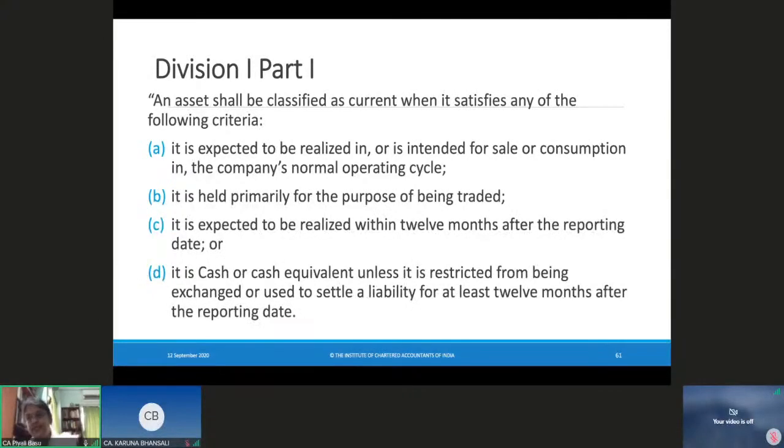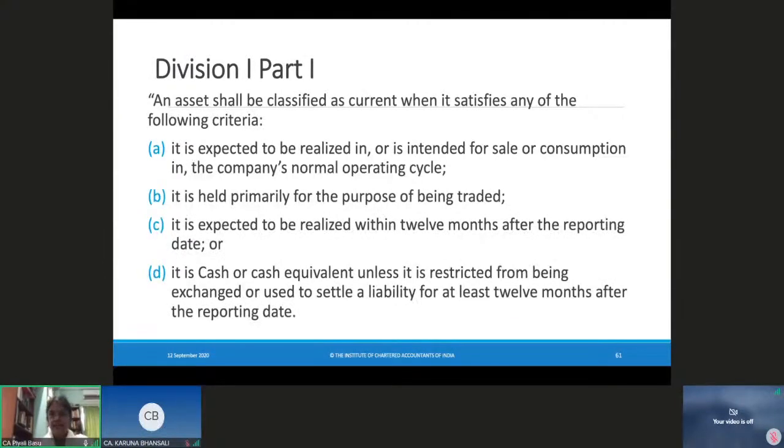Suppose you have two cases. Let me give you a case study. Any current asset, stock. Let's take stock. The stock is held for months.